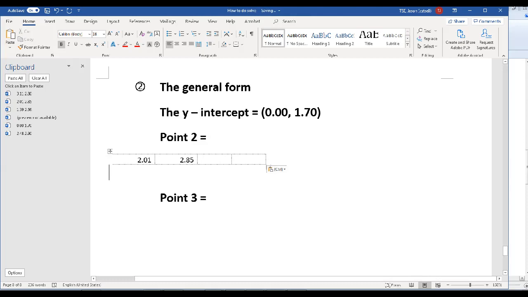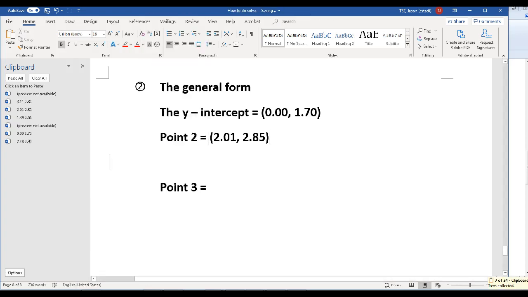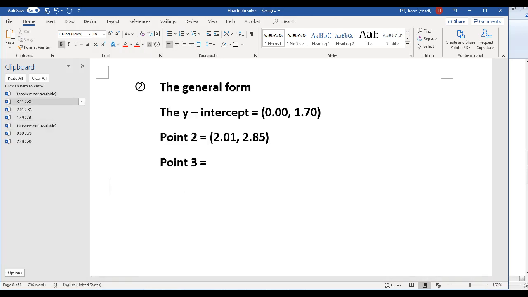So I pick this point, which is 2.01 and 2.85. And another point, let's say, 3.11 and 2.80.